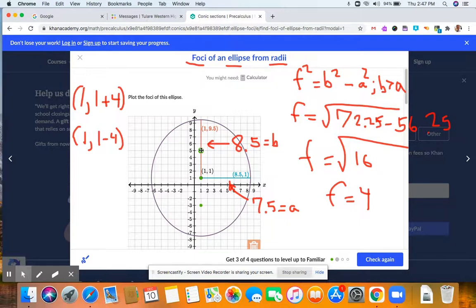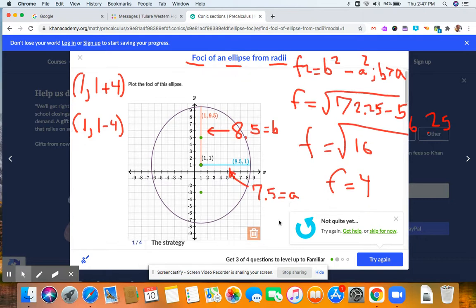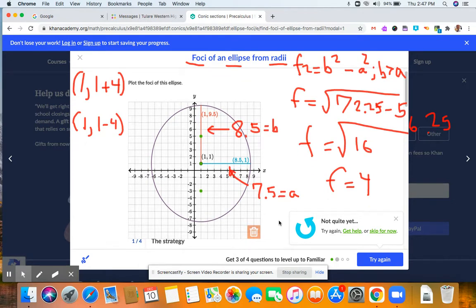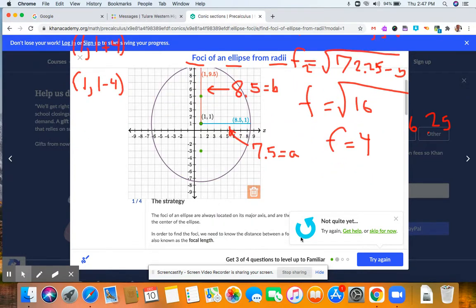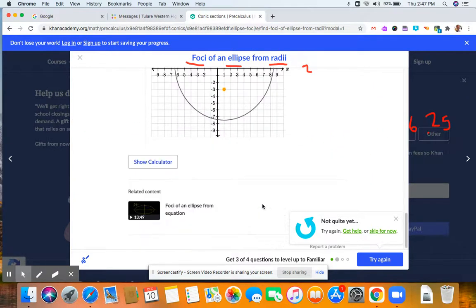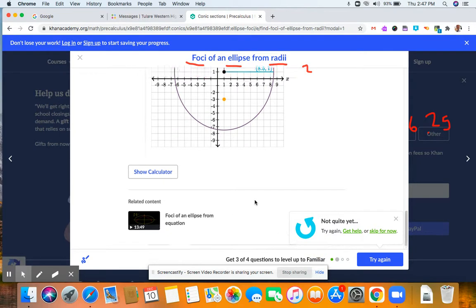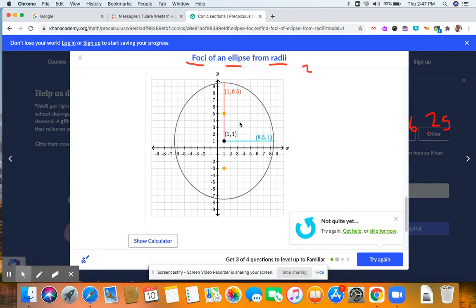X is 1, y is 5. It seems like there's a problem on my side. Oh well. Everything is done correctly from what I can tell. It looks like there might be an issue.